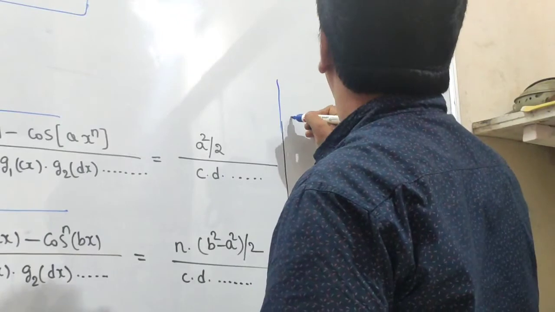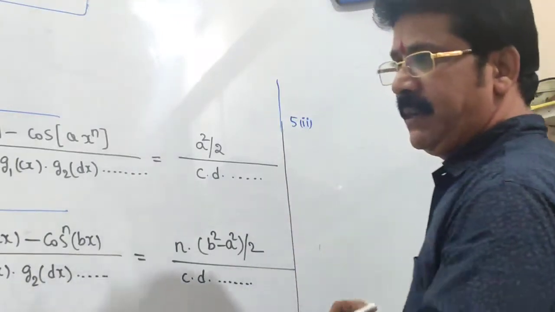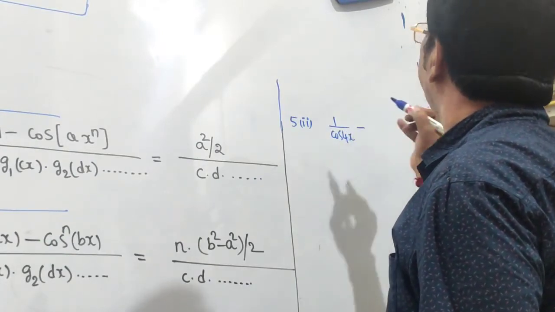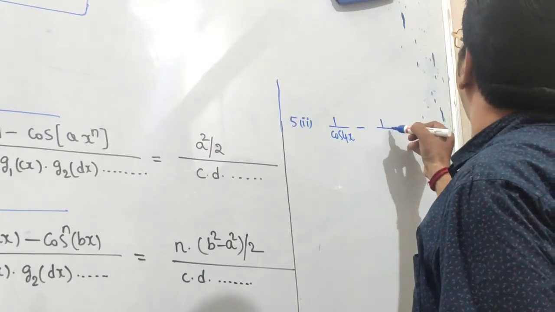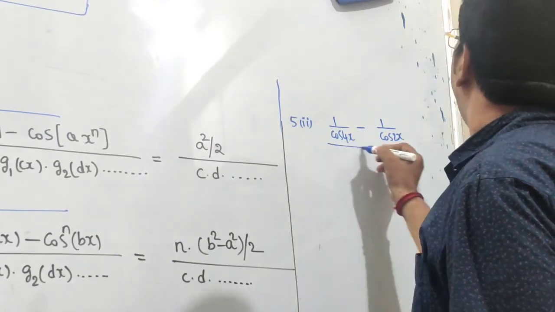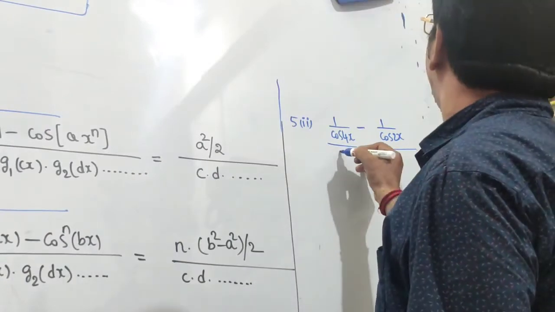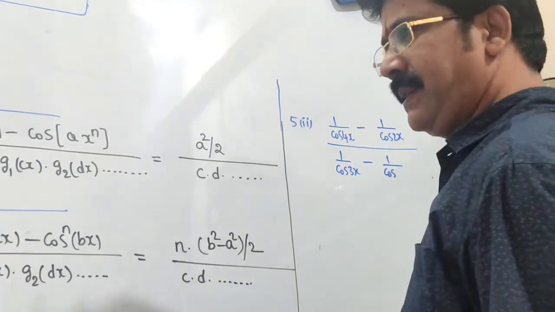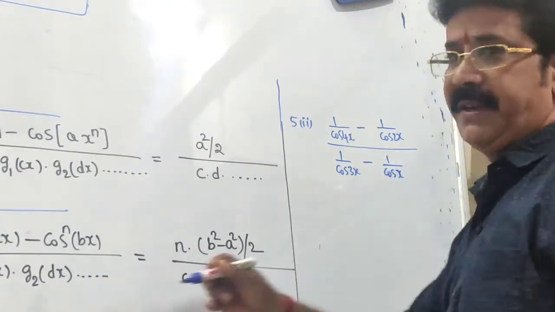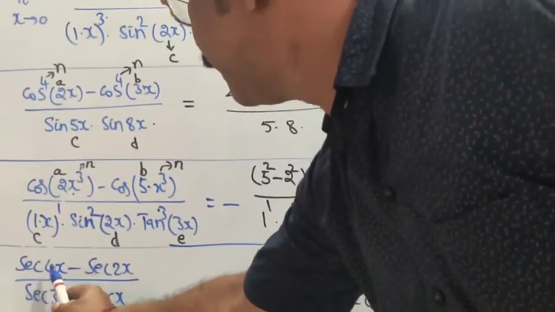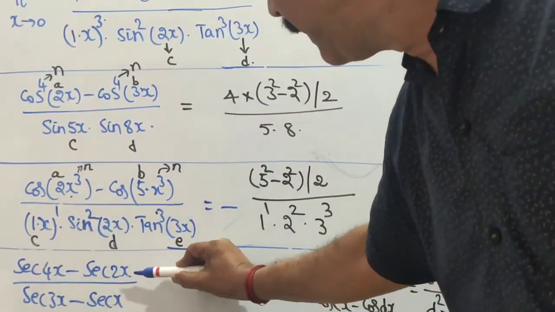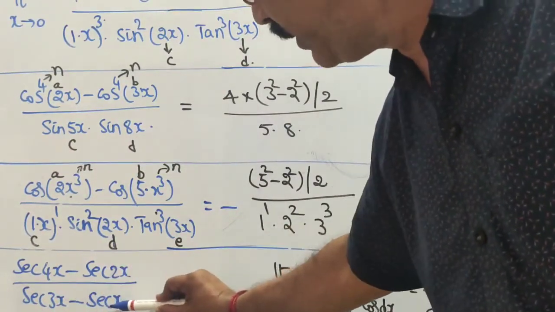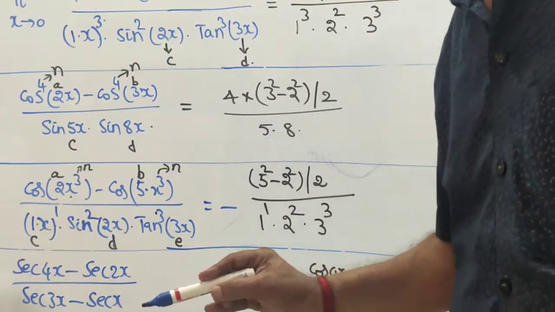So question number 5, part 2. Secant 4x can be written as 1 by cos 4x minus 1 by cos 2x, divided by 1 by cos 3x minus 1 by cos x. Secant 4x means 1 by cos 4x. Secant 2x means 1 by cos 2x. 1 by cos 3x. 1 by cos x. Because secant theta equals 1 by cos theta.